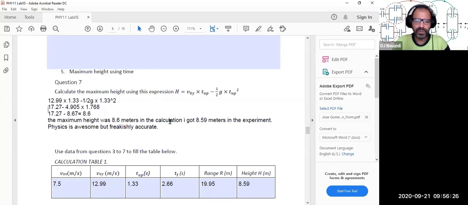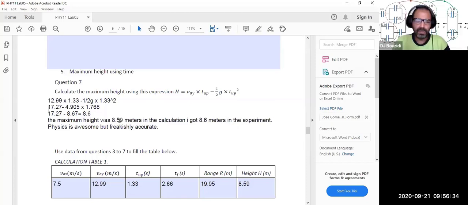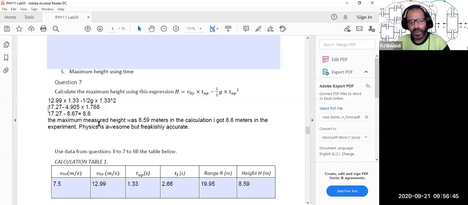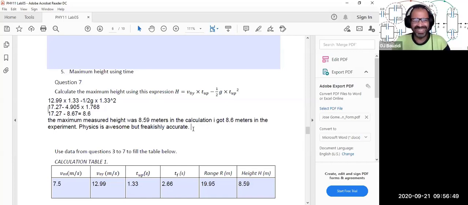I think you had it fine in the beginning. In the calculation I got, in the experiments, the maximum measured height was. So you're missing a word between maximum and height. Maximum measured, okay, that's fine. That sentence is out of place, please. Oh, that's right here. Yeah, that's out of place.